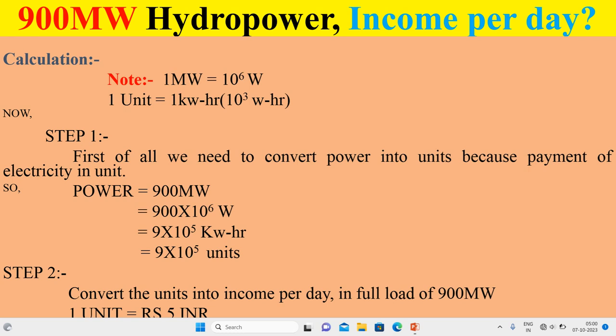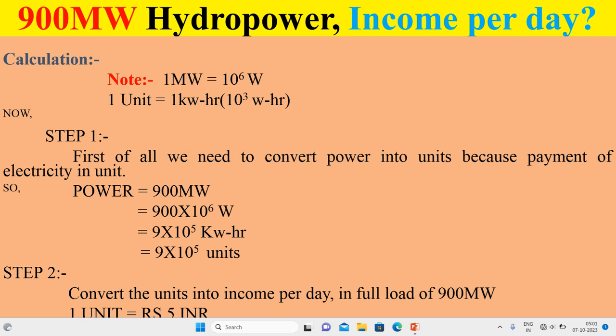This is theoretical, but practically it is not possible. We need to deduct some of the megawatts, like per hour it will generate 700 or 750 megawatt. From this point of view, I'm going to tell you, one unit cost is 5 rupees, Indian currency, right?